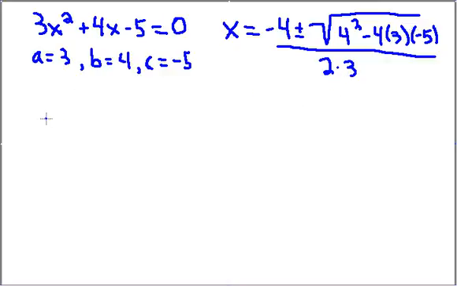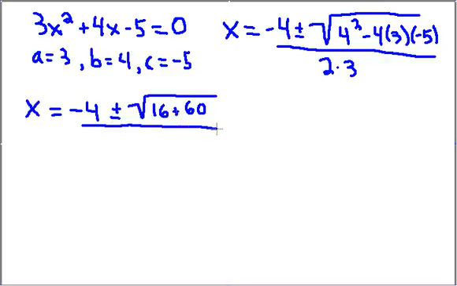Now let's go ahead and simplify with these values for a, b, and c that we inserted over here. x equals minus 4, I'm just simply rewriting this, plus or minus the square root of, well, 4 squared is 16. Minus 4 times 3 is minus 12. Minus 12 times minus 5 is a positive 60.